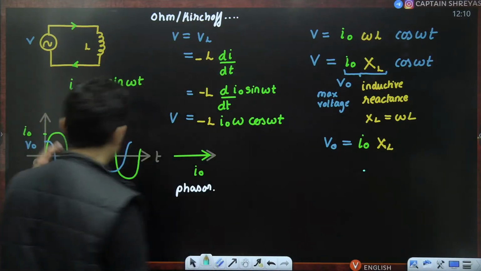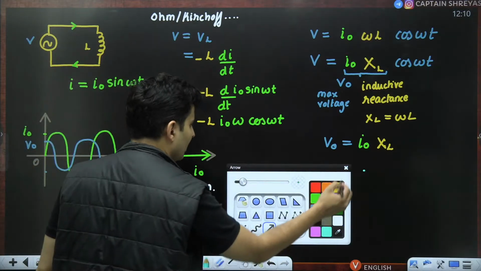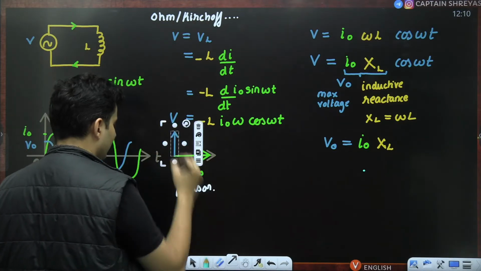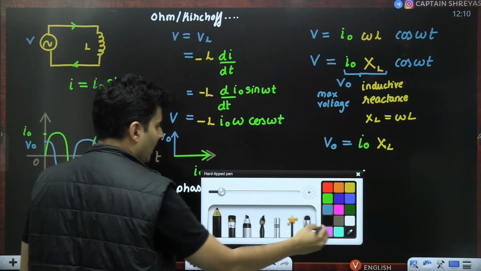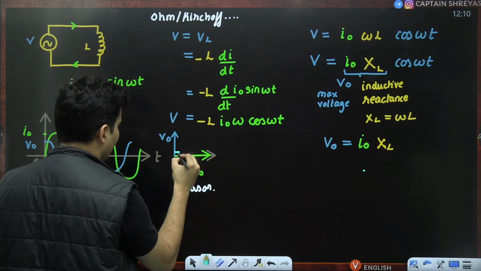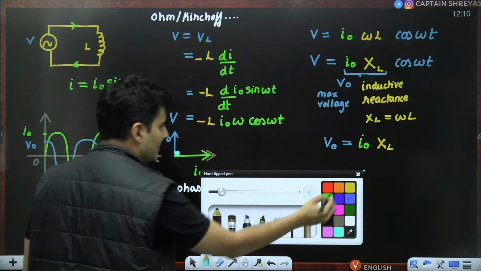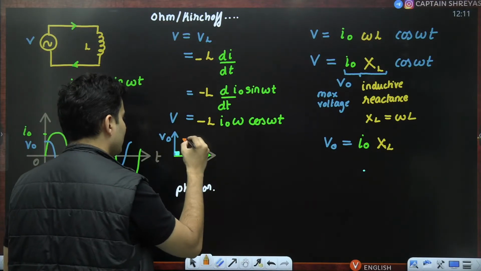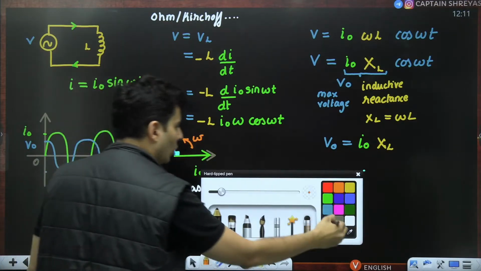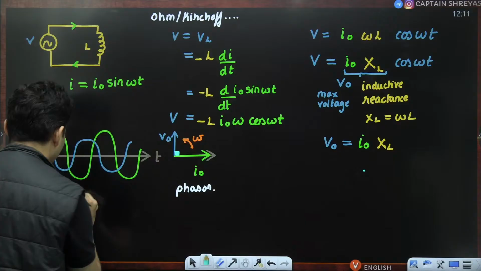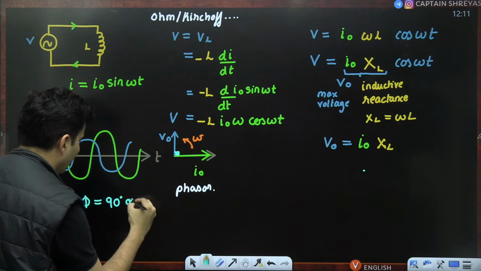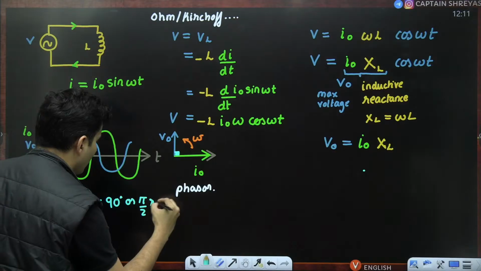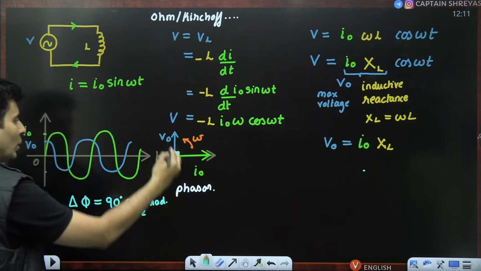In fact, if you show the phasor of the voltage, it will be like this. This will be the phasor of the voltage, and you can see there is an angle between them. And yes, both of them are rotating like this with omega. So there is a phase difference, delta phi, of 90 degrees or pi by 2 radian. And who is ahead of whom?